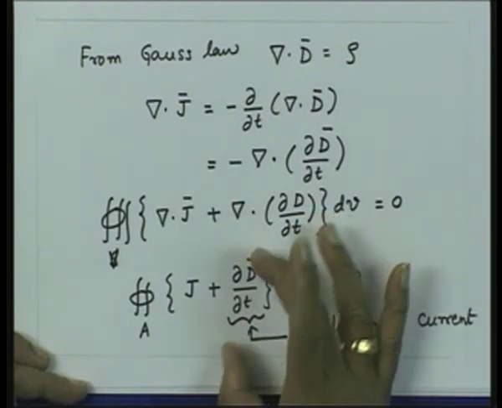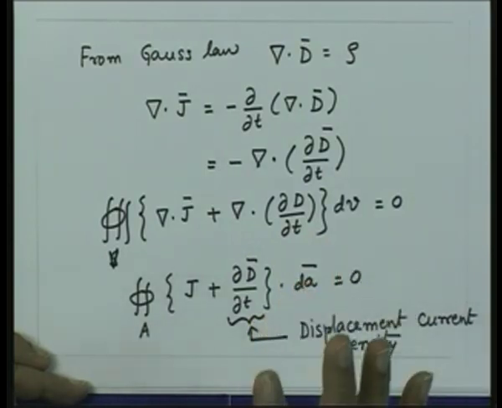So this quantity, which simply represents the rate of change of electric field, is equivalent to current. The total current, a combination of the conduction current, due to the movement of charges, and the displacement current, due to the time varying electric field, is equal to the magnetomotive force around the closed loop.